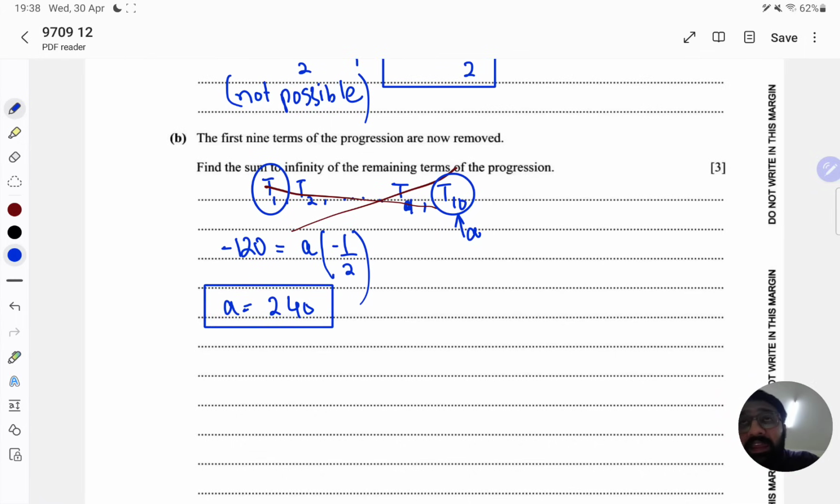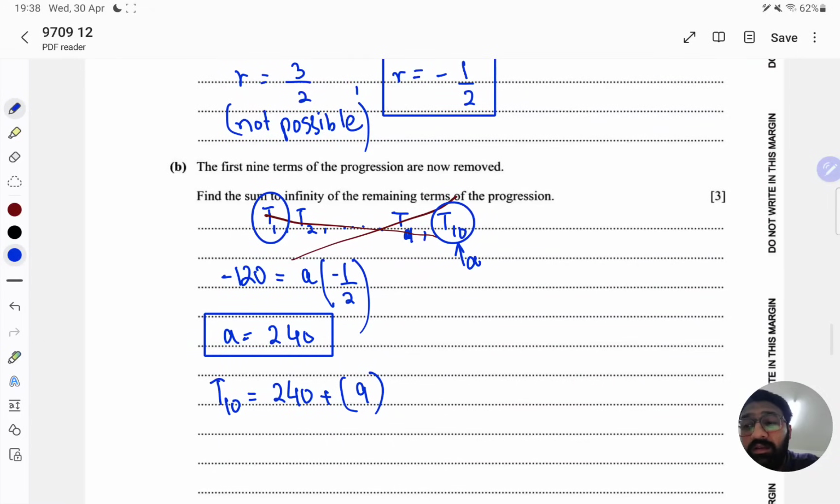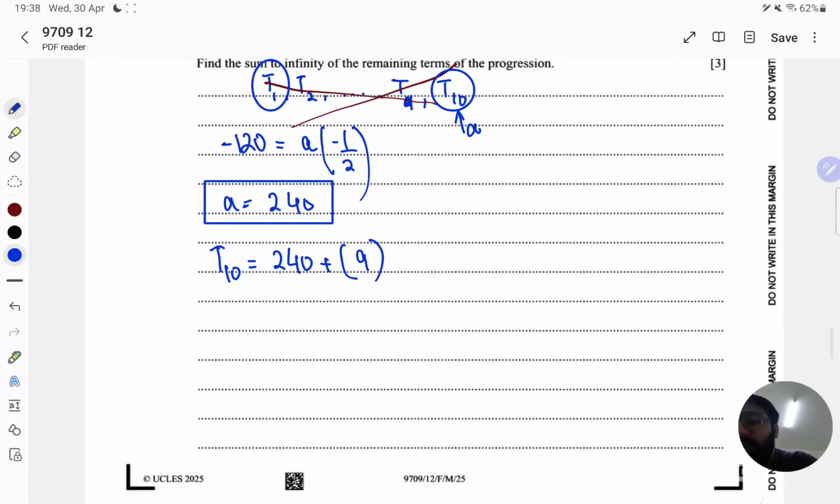This value of A is for the previous series, when the series is starting from term 1, but now the series is starting from term number 10. So let's find the term number 10, which will be the first term now. So 240 plus 9 into the, oh sorry, it's not arithmetic, it's geometric.